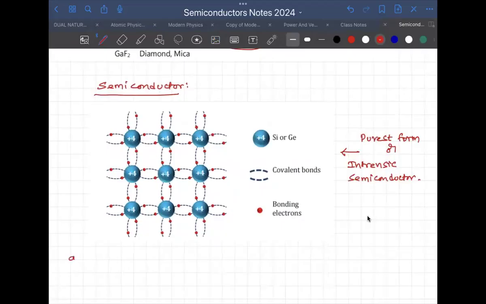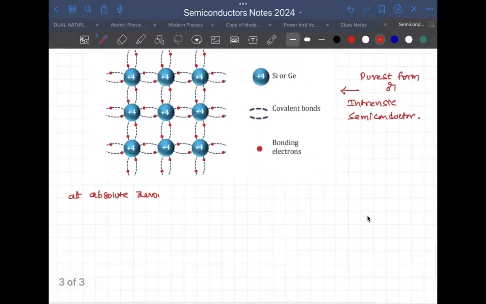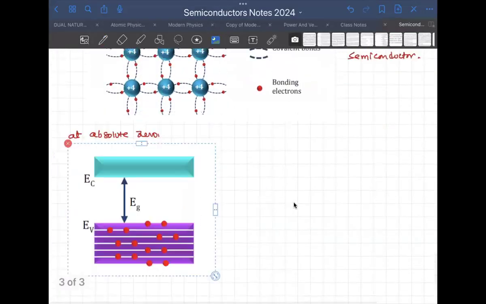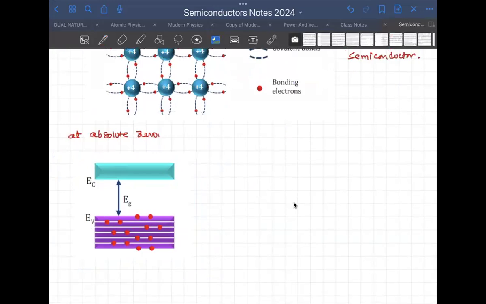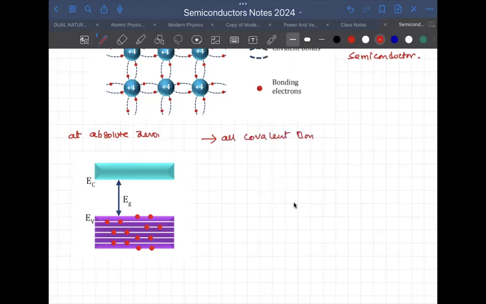So at absolute zero, you will notice the following. All the covalent bonds are complete and there are no free electrons.